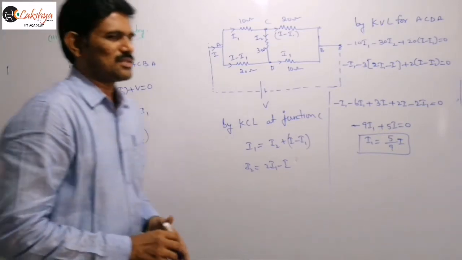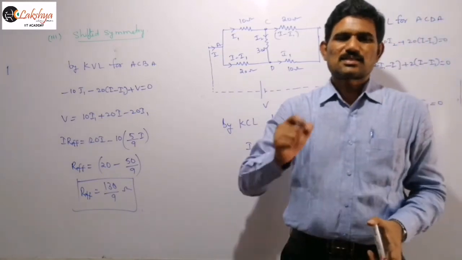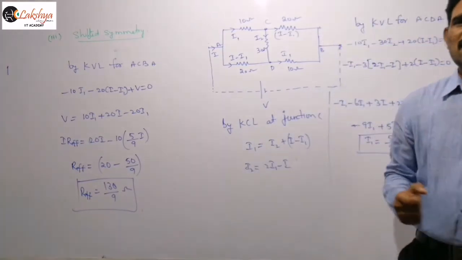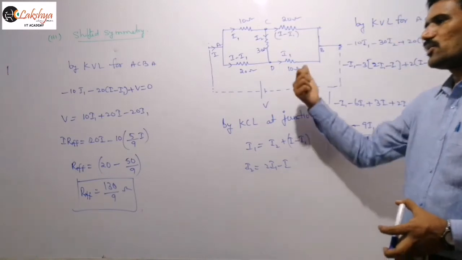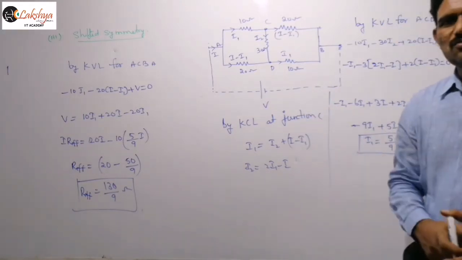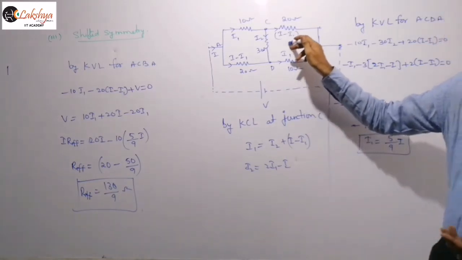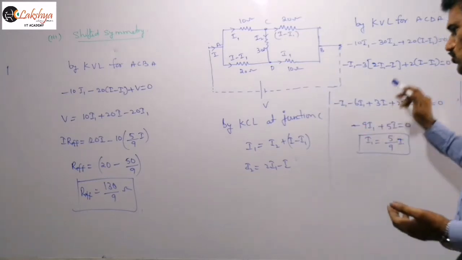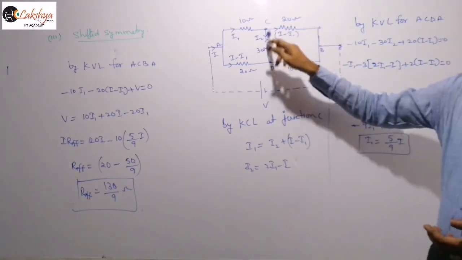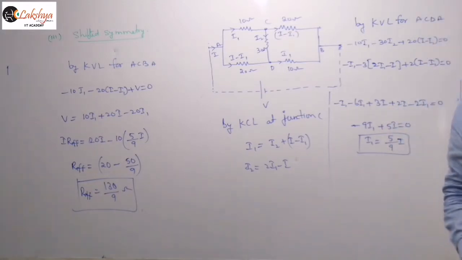So that means we already solved this unbalanced Wheatstone bridge problem just by using the shifted symmetry. The only advantage is we reduce the variables, so the calculation will reduce here. That means if you are not taking such a shifted symmetry, one more variable will be there. So you need to apply this Kirchhoff law for one more loop like this, and then we need to solve two equations first.